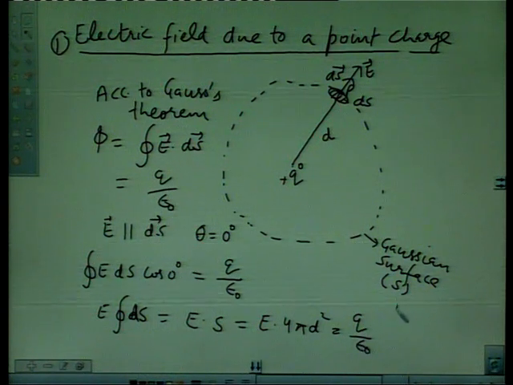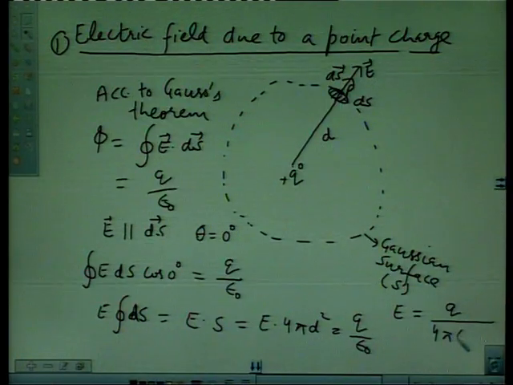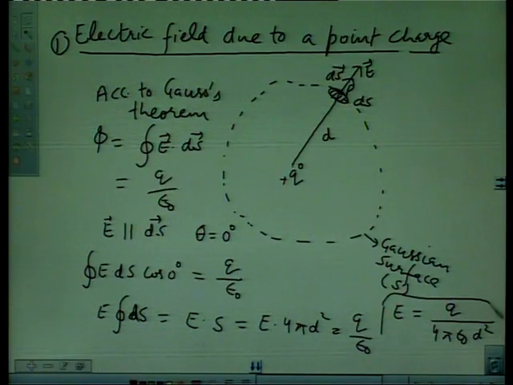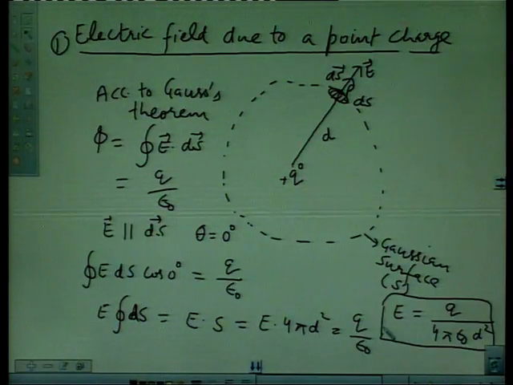So, taking this 4 pi d square to the right side, in the denominator we have q upon 4 pi epsilon naught d square. So, here the expression for electric field is derived due to a point charge: E is equal to q upon 4 pi epsilon naught d square.